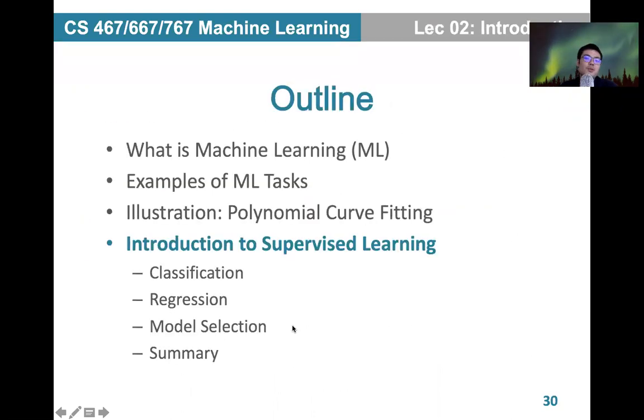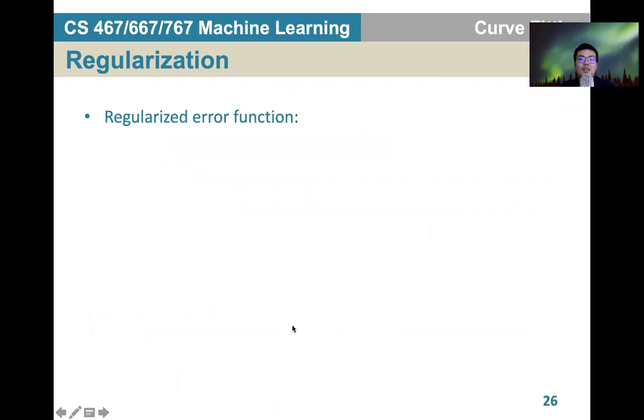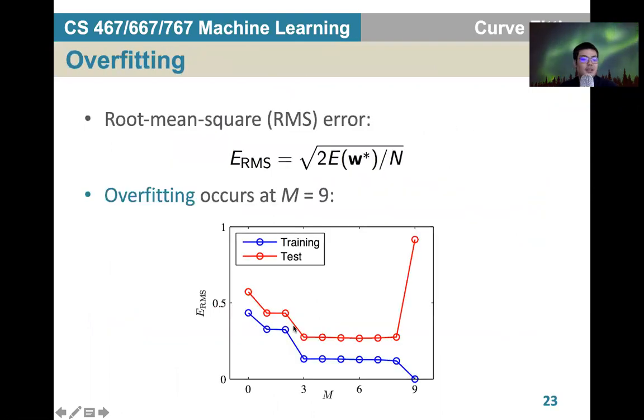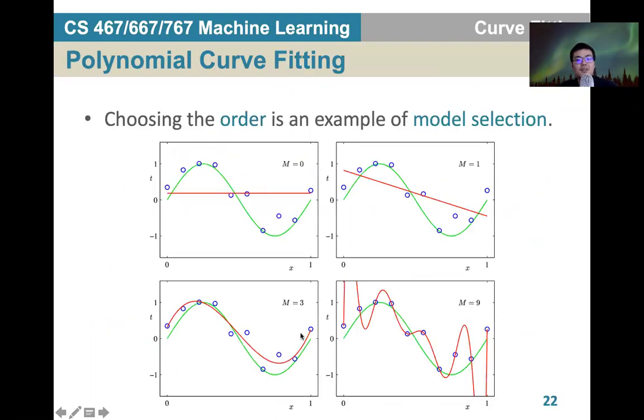For example, if you think of these points as a sine, then using an order 3 polynomial is good, but if you assume it's order 1, it's going to be very bad. So this is underfitting, your model is too simple. And this is overfitting.